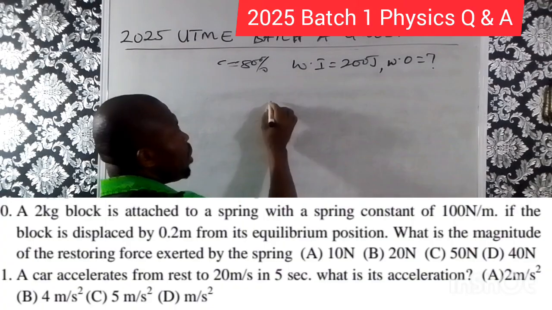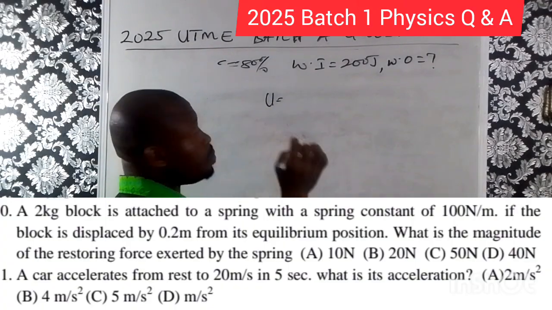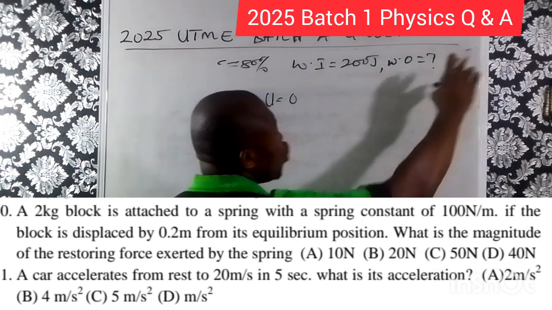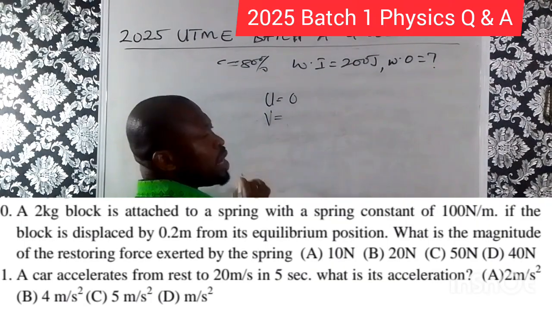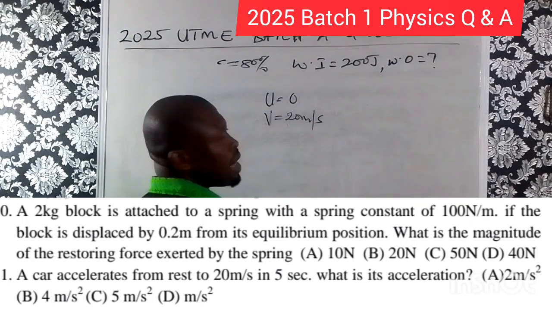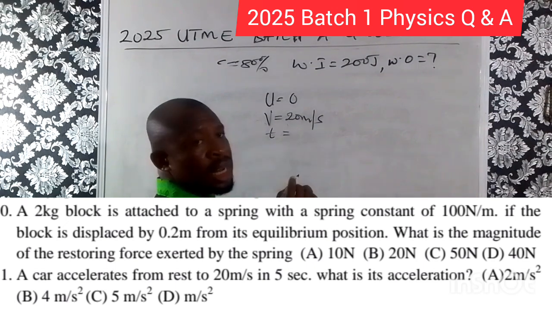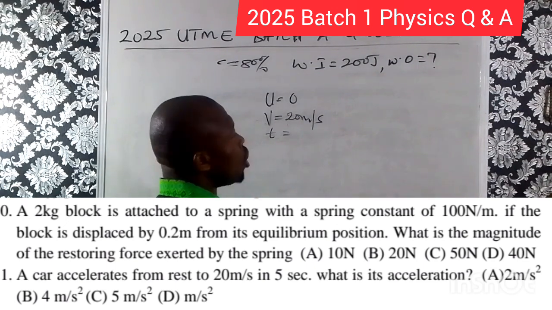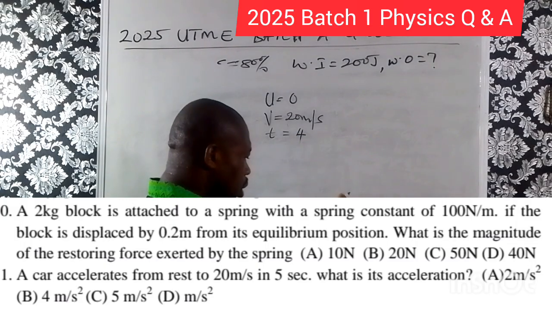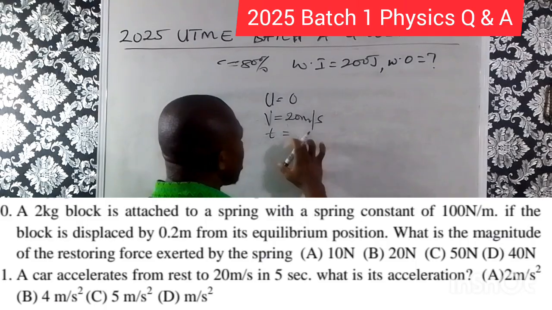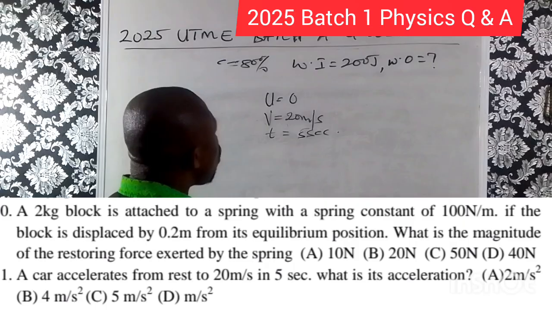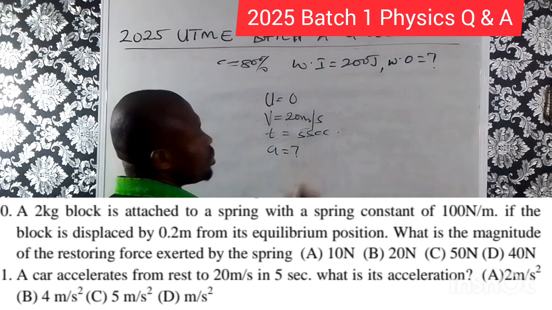If a car starts from rest, that means the initial speed is 0. Then it accelerates to a certain speed, which is the final speed, 20 meters per second. The time taken for that acceleration is 5 seconds.